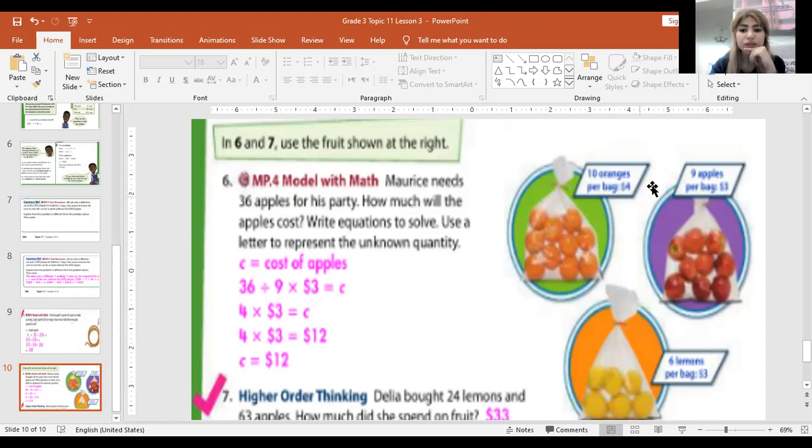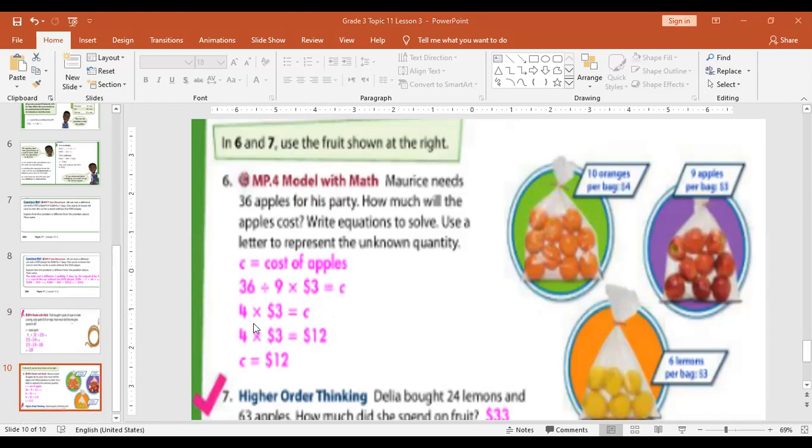So 36 divided by 9 is 4. 4 multiplied by 3 equals C. 4 multiplied by 3 equals $12. So C equals $12.